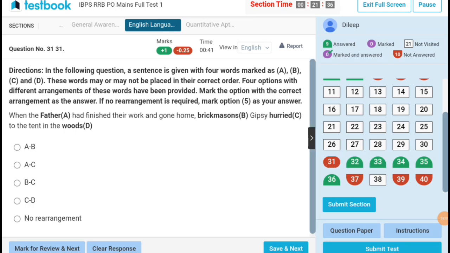When further finished their work and gone home, Brickmasons gypsy hurried to the tent.